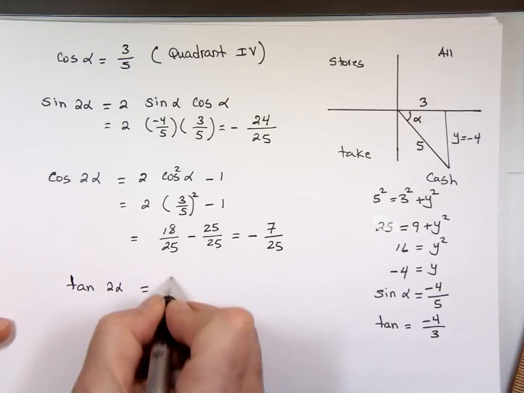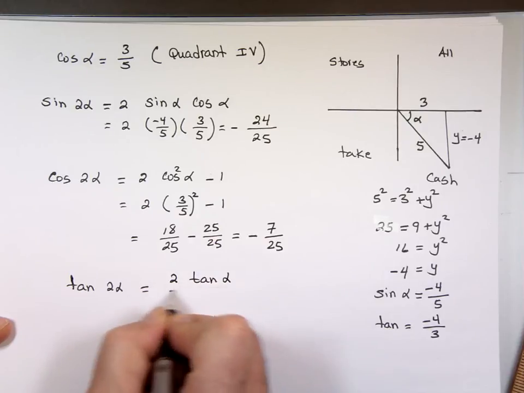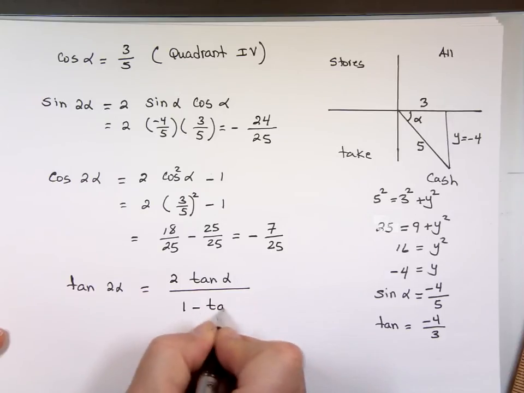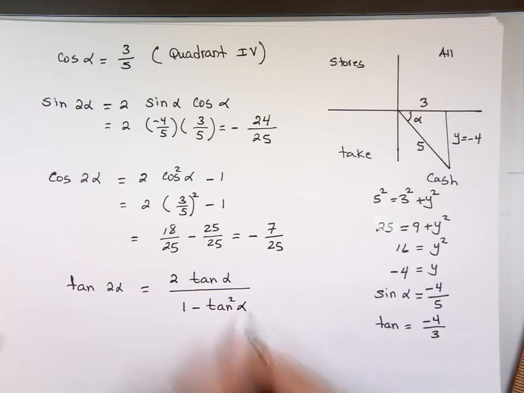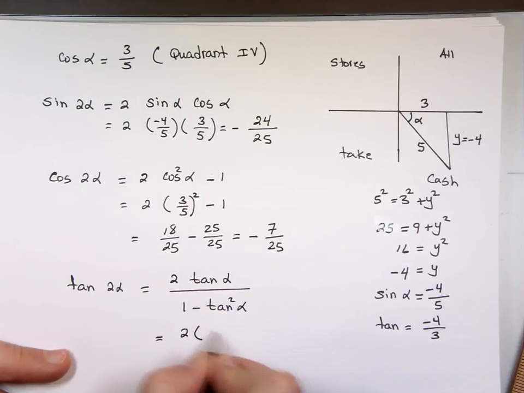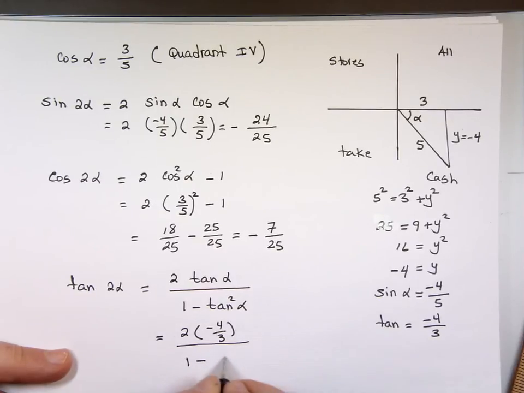Two times tangent alpha over 1 minus tangent squared alpha. Two times negative 4 over 3, over 1 minus negative 4 over 3 squared.